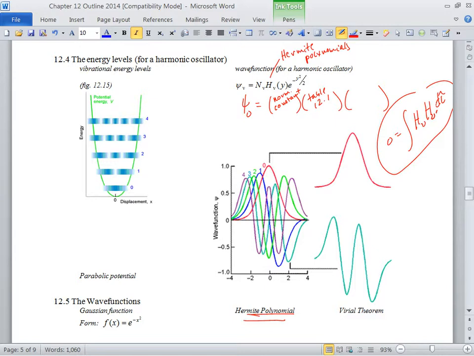That's a big reason for picking them. When v is not equal to v prime, then it equals 0. If they're the same number, what are you going to get? Assuming it's normalized, 1.